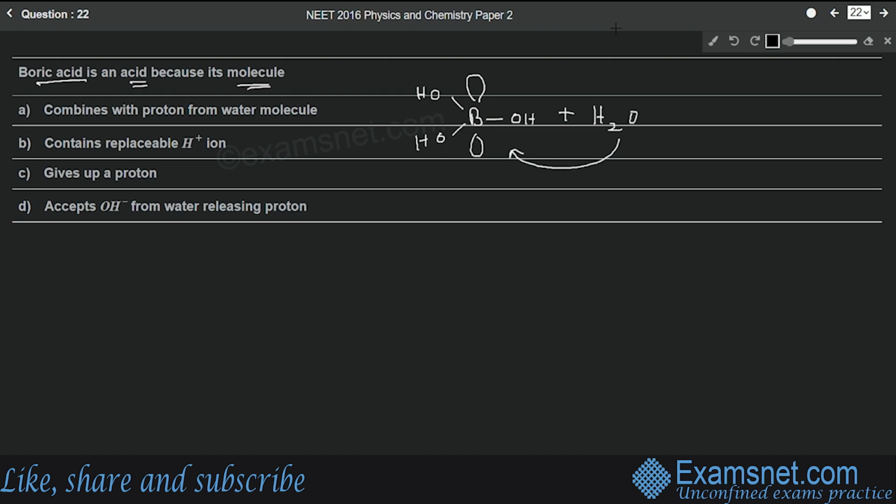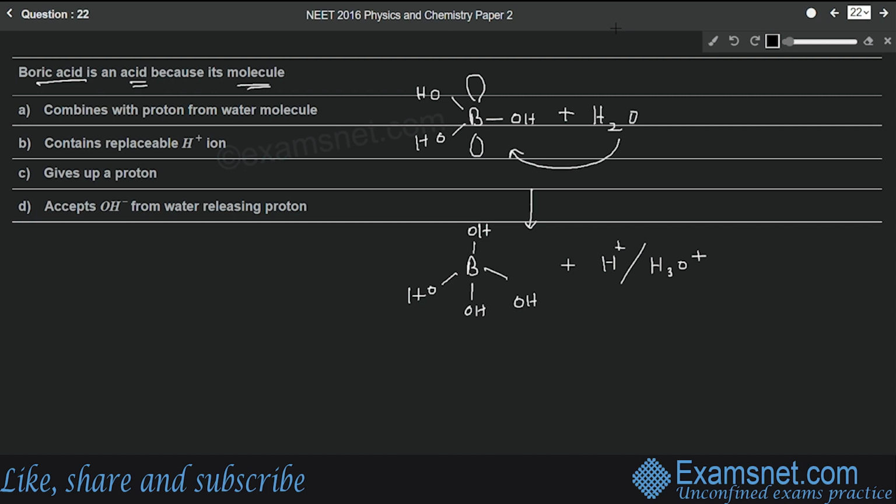Okay, and that H plus ion further reacts with other water molecules to give H3O plus ion. Okay, so the final products will be B, 4 OH groups will be attached to this, right? Because 3 OH groups were already there and one OH has been accepted from water molecule. So 4 OH groups, and then H plus ion will be left, or this H plus will react with other water molecules to form H3O plus ion. Okay, so these are the products.